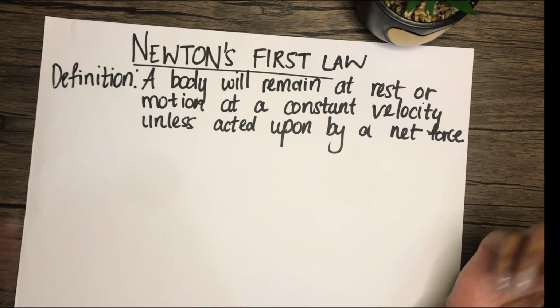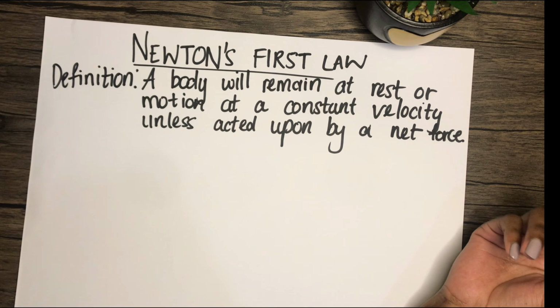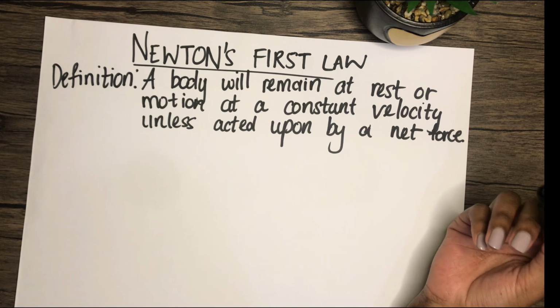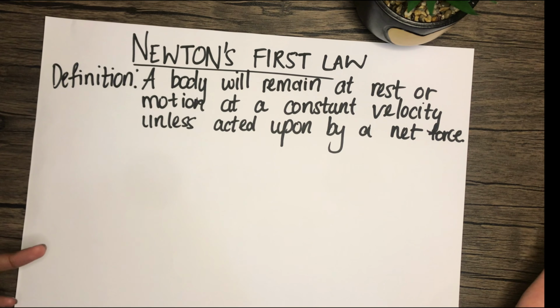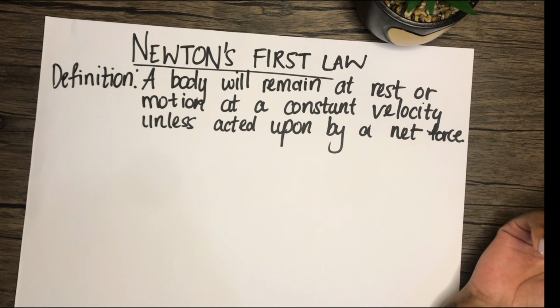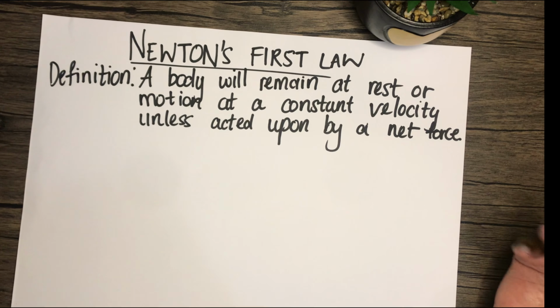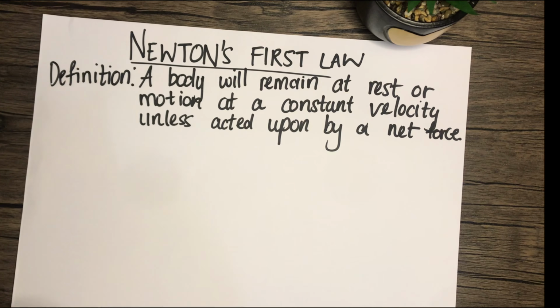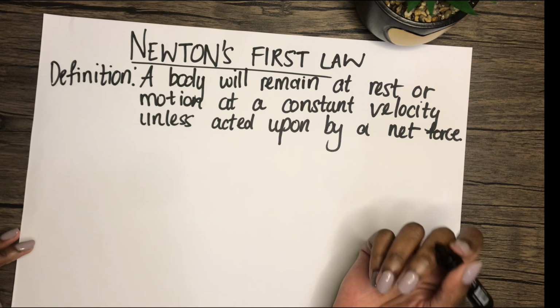Net and resultant are the same thing, which we should all remember from grade 10, where we spoke about a resultant vector, a vector sum of two or more vectors. So when we're talking about a net force or resultant force, we're talking about a vector sum of two or more forces.